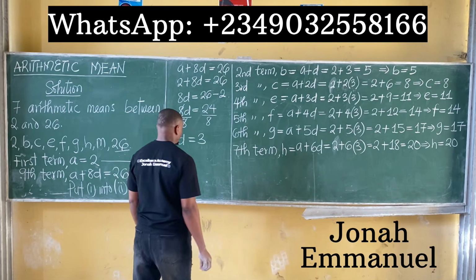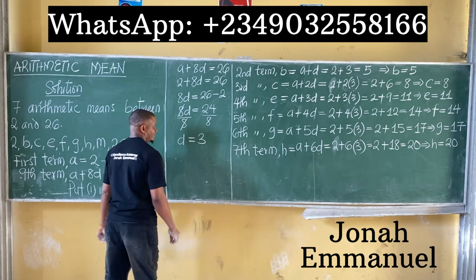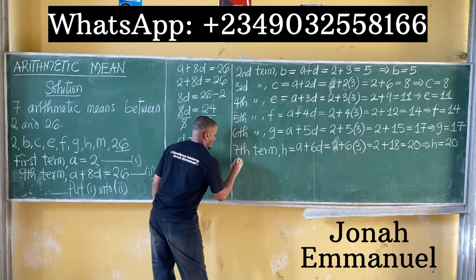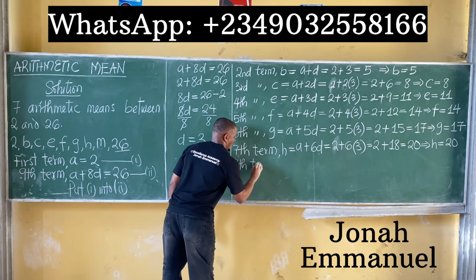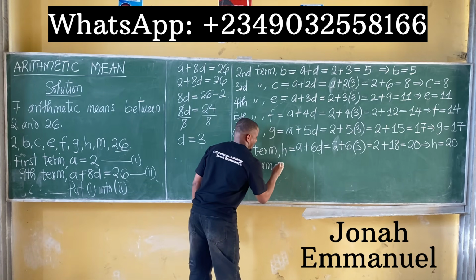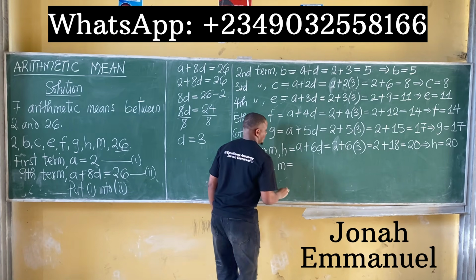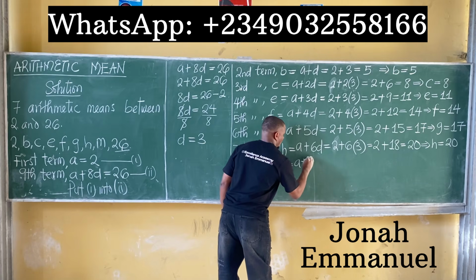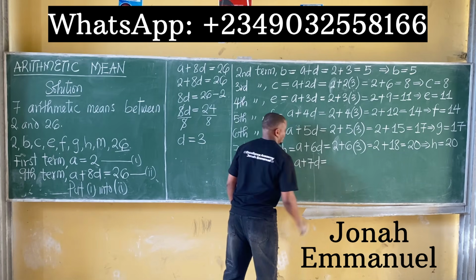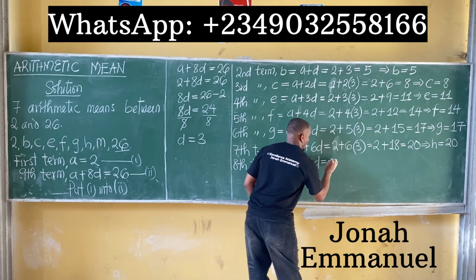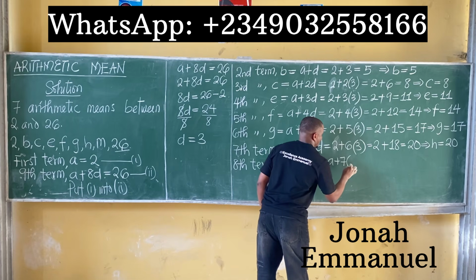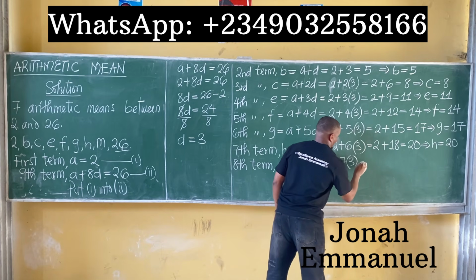Okay. Then finally for M, the eighth term. The eighth term, that's M, is equal to A plus 7D. D is 3.